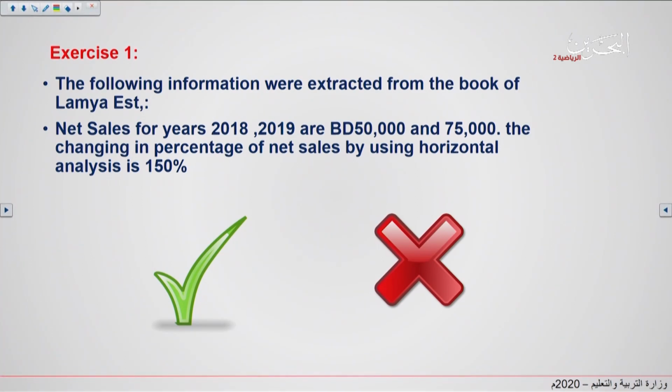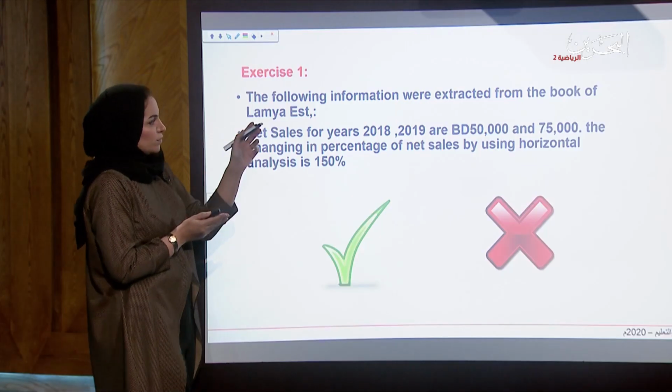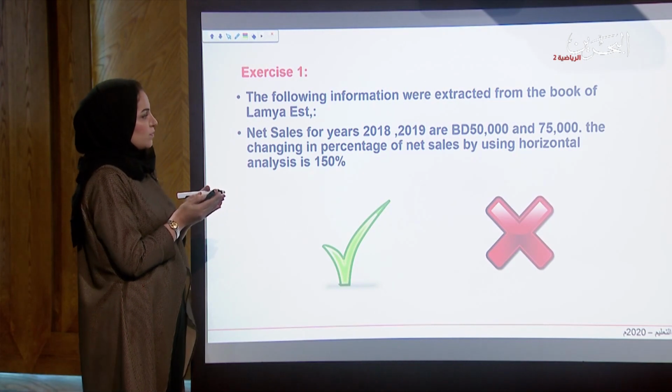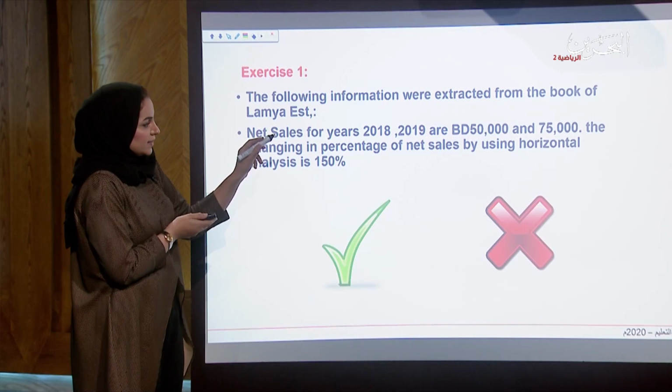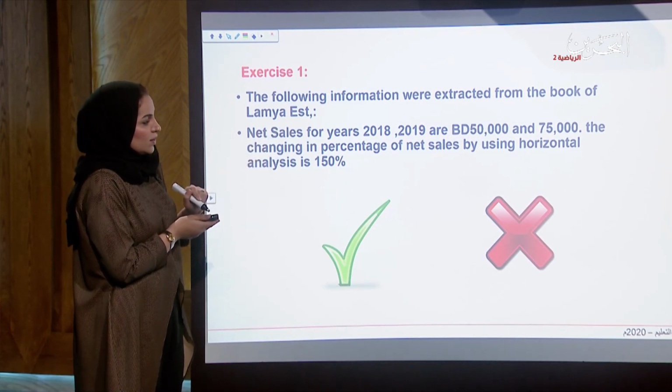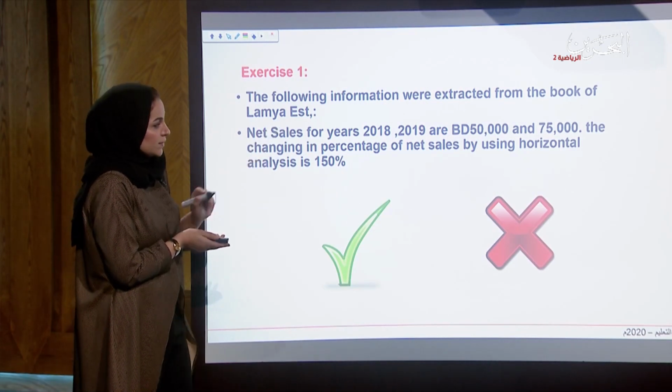Let's start with exercise number 1. The following information was extracted from the books of Lamia EST. Net sales for the years 2018 and 2019 are 50,000 and 75,000.